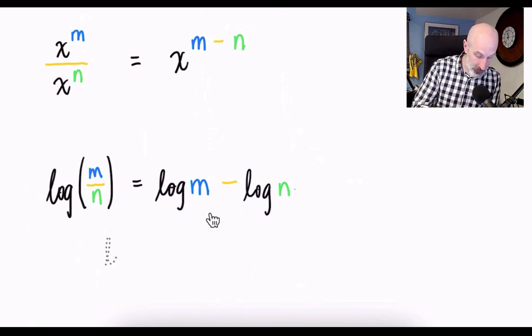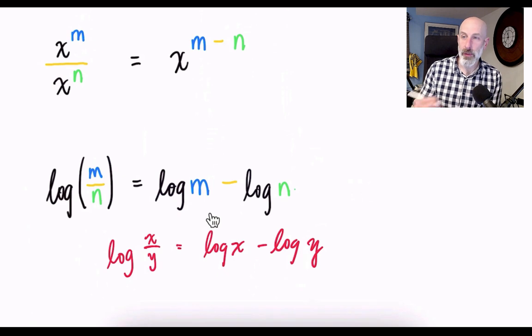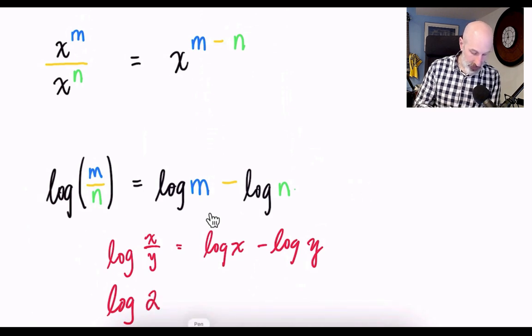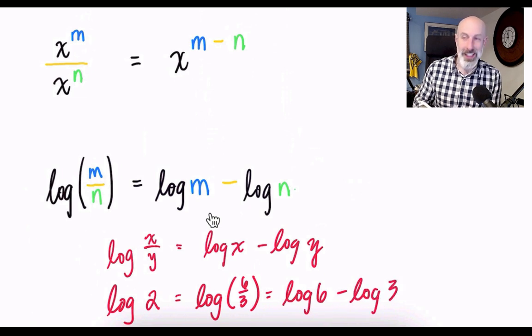A practical example of this could be something like, if we have a log of x over y, we can turn that into log x minus log y. If I force myself to come up with an example with numbers, I could say something like log of 2, which I might choose to, I'm not exactly sure why I would do this, but if needed, I could break this up into log of, let's say, 6 over 3, turn it into a quotient, and that would become log 6 minus log 3.